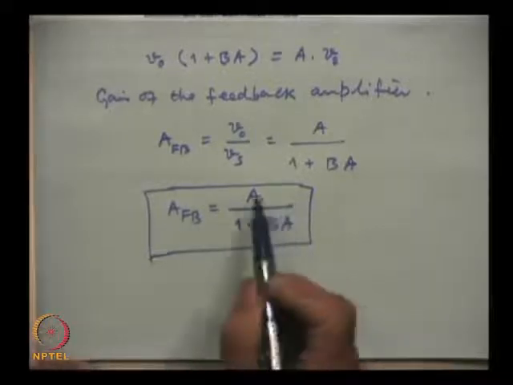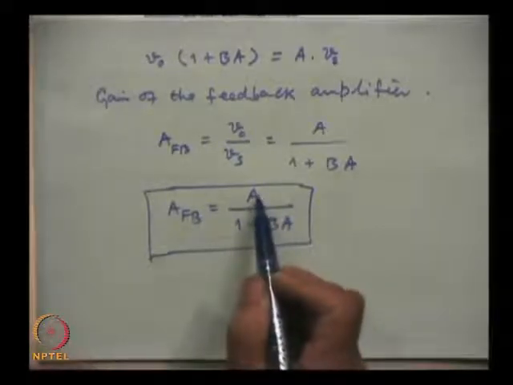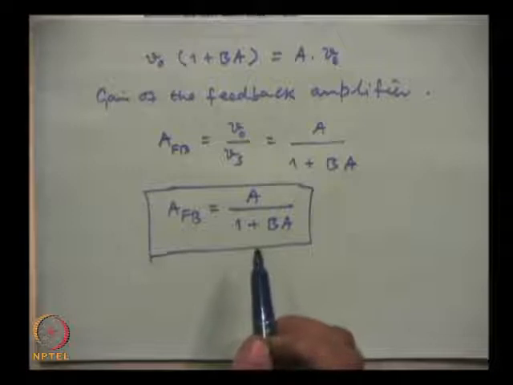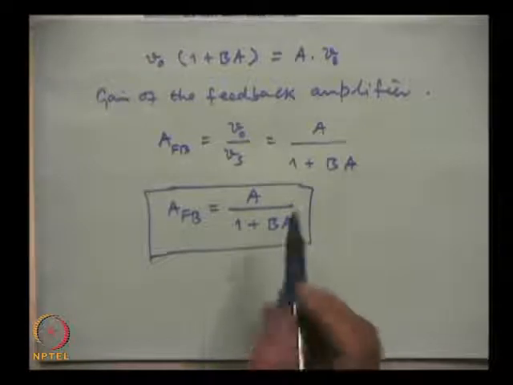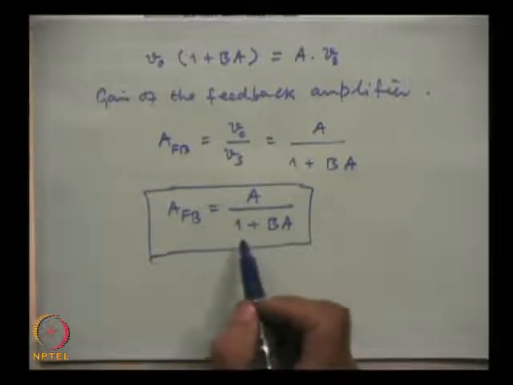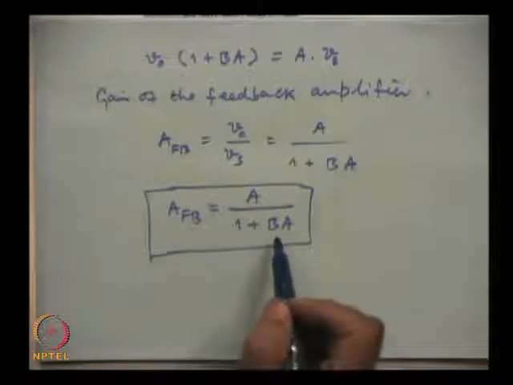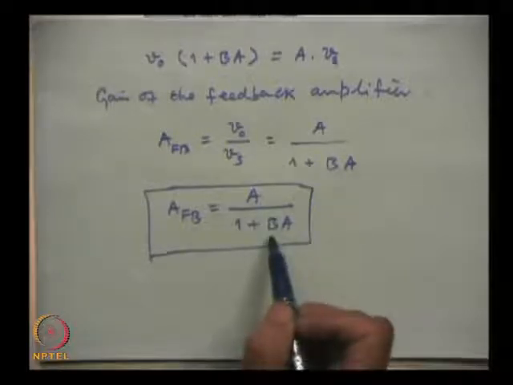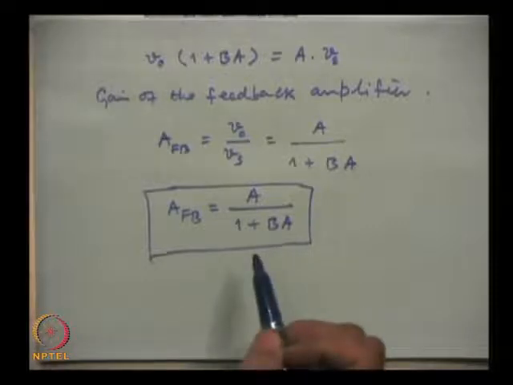The gain A falls in feedback network 1 plus BA, and all quantities which will be modified will have the parameter 1 plus BA.